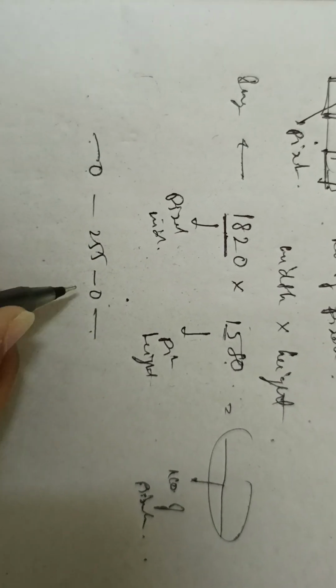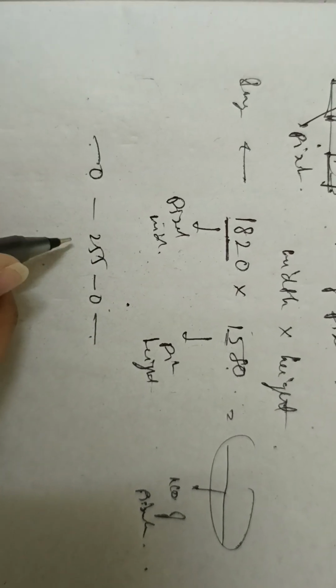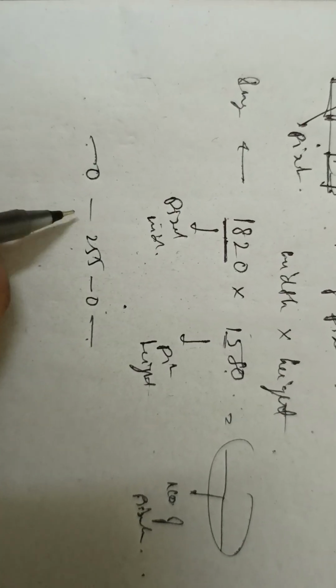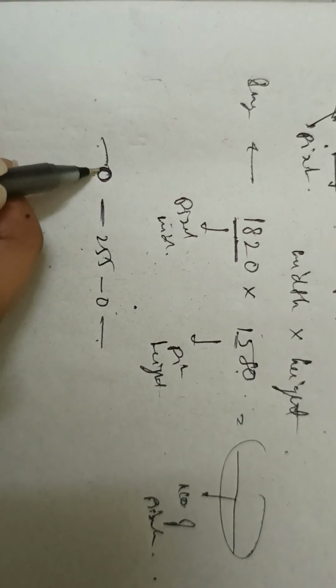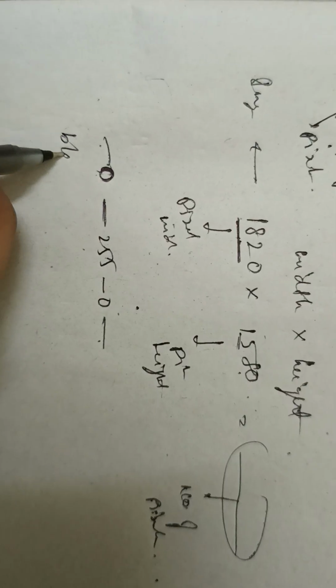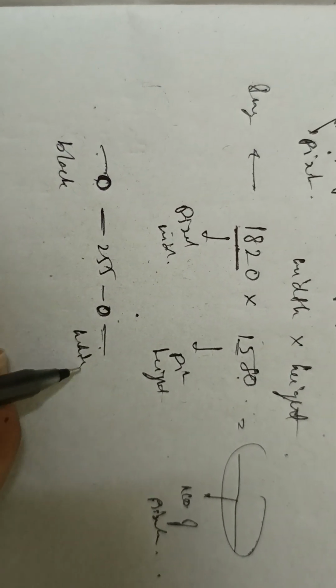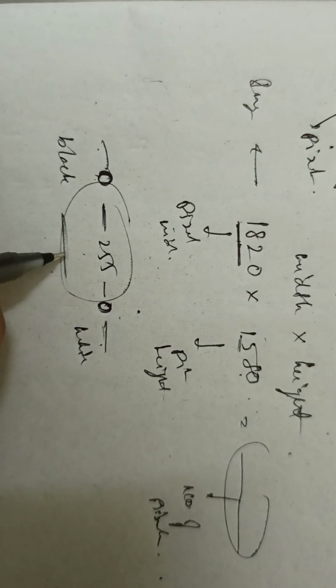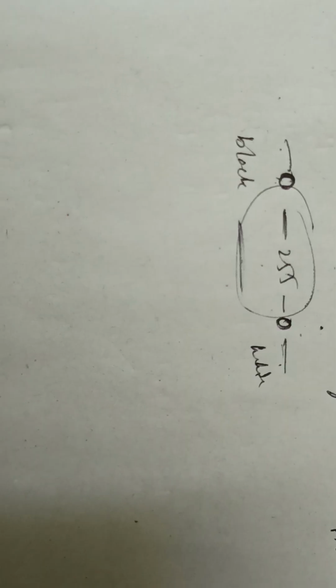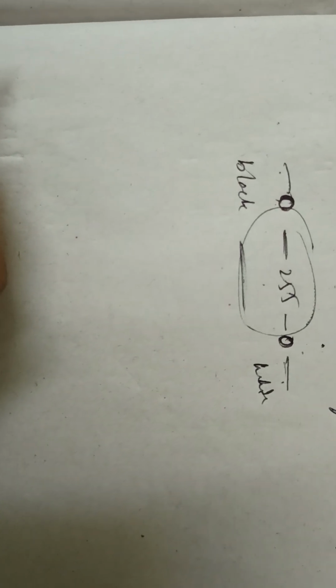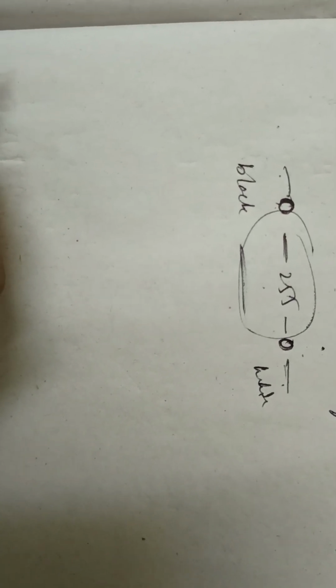This simply characterizes and tells about the intensity of colors. This extreme end 0 represents black and the other extreme, 255, represents white. In between lie all other colors. An image is simply characterized and constituted by many pixels with their own respective width and height.